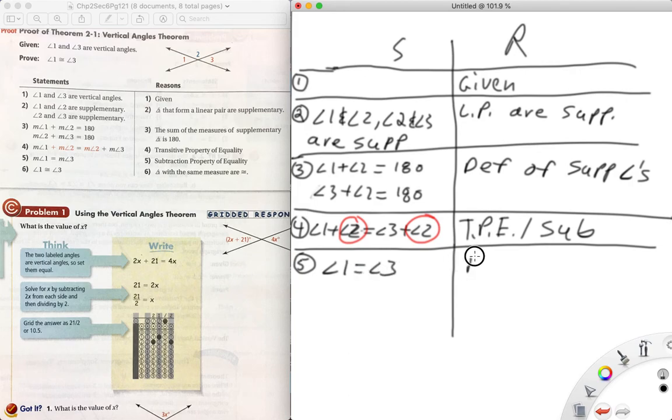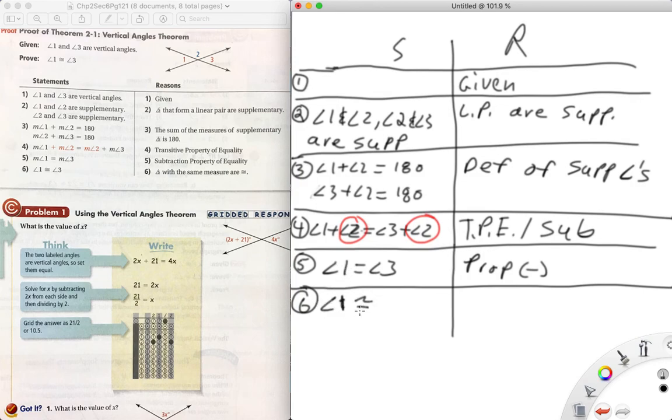Why? Because I used the subtraction property of equality, which says that I can subtract the same thing from both sides. Alright, almost done. The last step. If they are equal, then they are congruent.